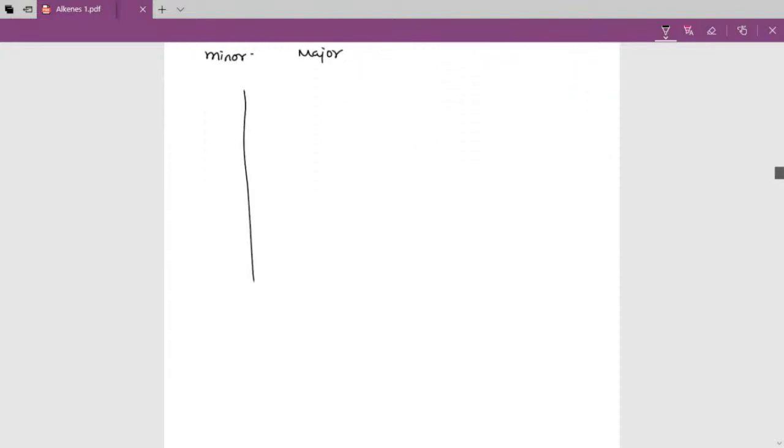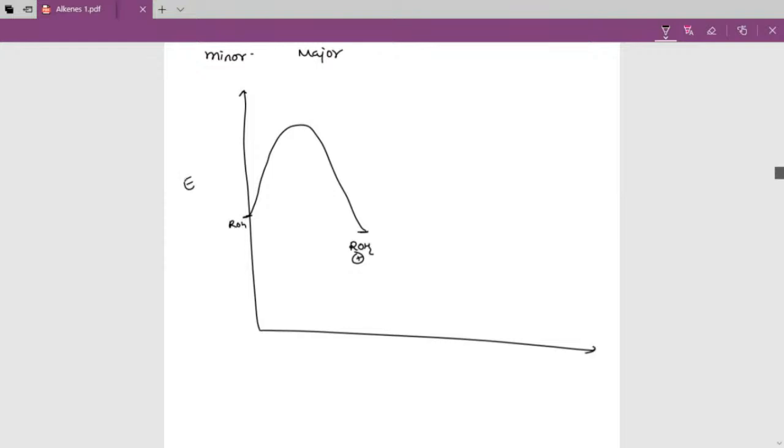Okay, so for this, if I draw an energy diagram, I'll say alcohol. This is my ROH2 plus protonated alcohol. It will be down. Same way, energy reaction. Now this will form carbocation. If there is rearrangement, one more thing will be added.